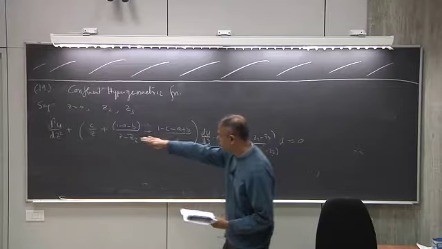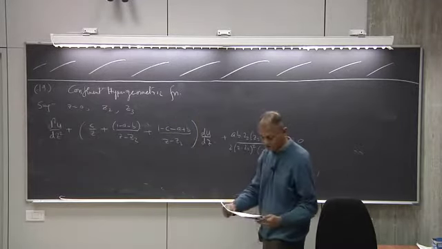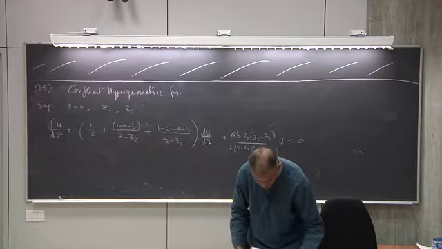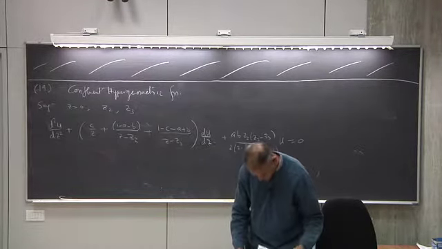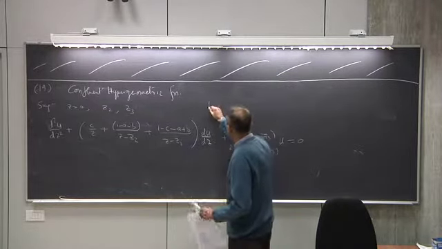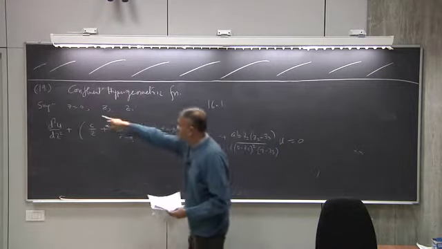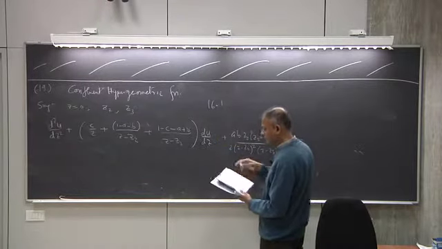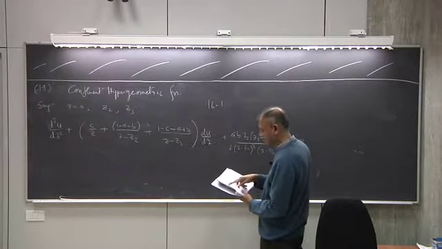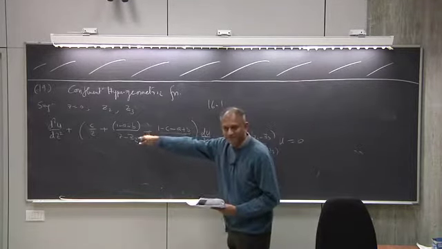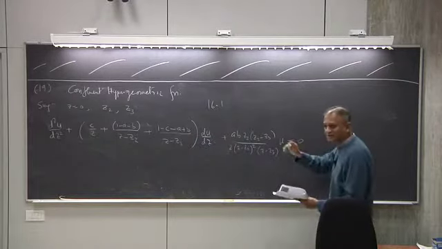This should be just the equation that we started from at the very beginning, 16.1. It should follow from 16.1 by choosing z1 equal to 0 and by parameterizing alpha, alpha prime, etc. in a particular way. You should be able to get this, with the correct sign. Please try to do it.